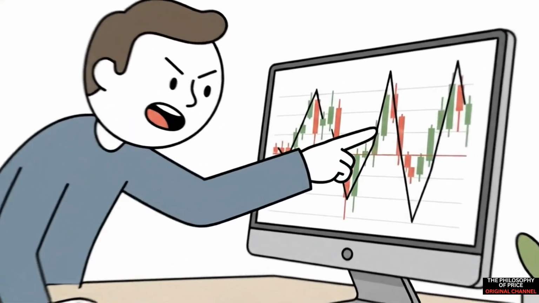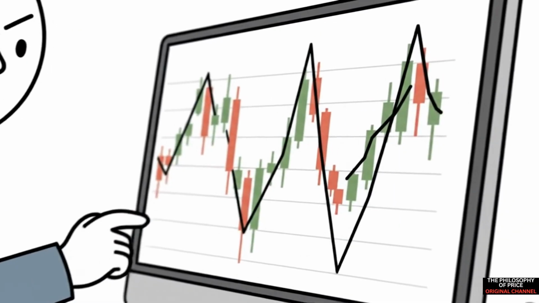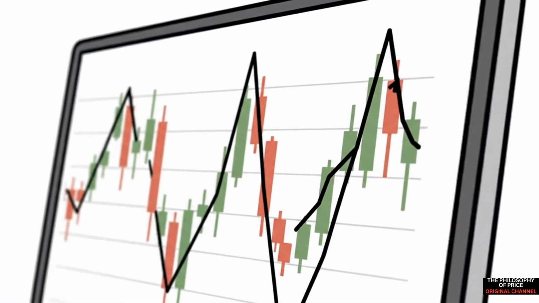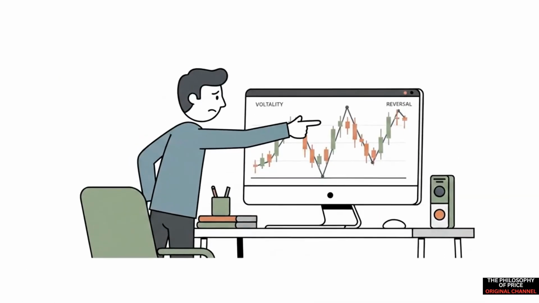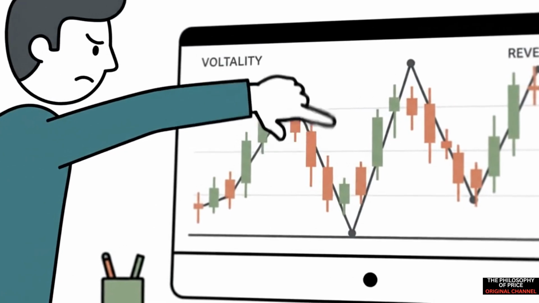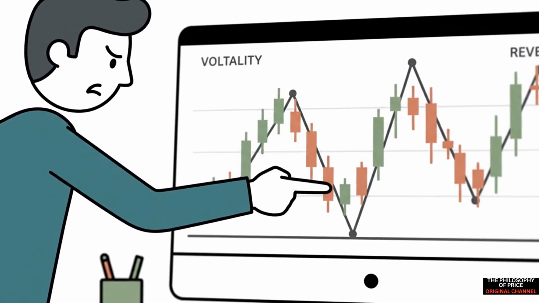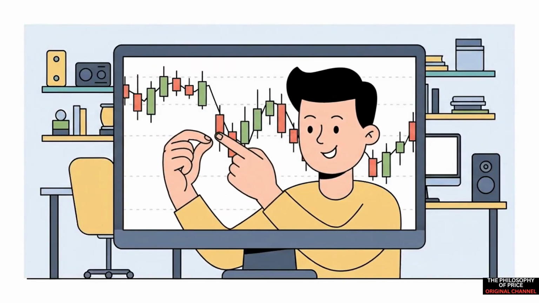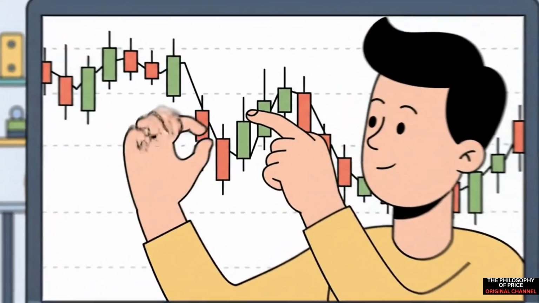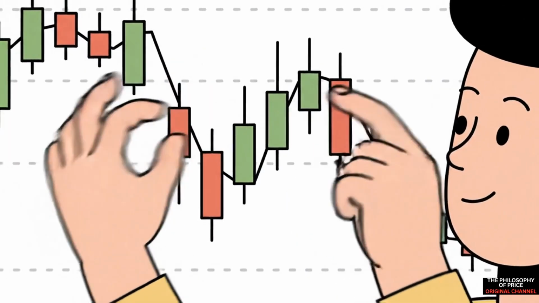Next, we have the rejection block, identified by prominent long wicks that appear at the very peaks or troughs of price swings. Price momentarily enters an area, triggers some pending orders, encounters strong opposing forces, and then sharply reverses its direction. Crucially, you define this particular block by measuring from the extreme points of these wicks, not from the candle body itself.